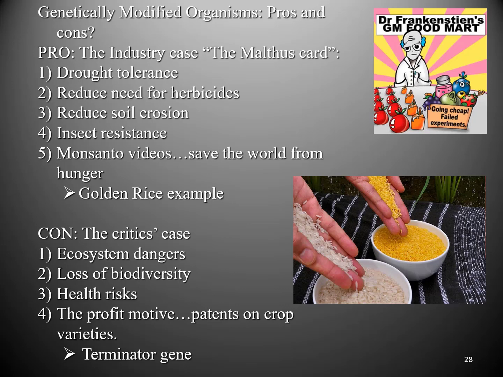So the Terminator gene is a specific genetic sequence inserted into a seed's DNA. Once activated by a synthetic chemical catalyst of the manufacturer's choosing, the sequence renders the seed and crop it produces sterile. It's patented by the USDA and Delta and Pine Land Co., which are now owned by Monsanto. This Terminator technology has no agricultural or economic benefits for farmers or consumers.